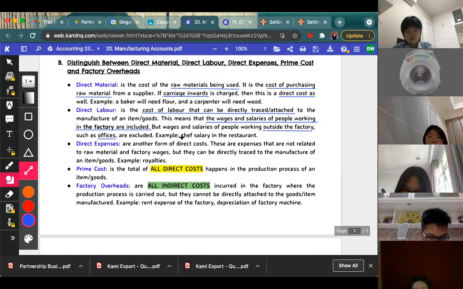For example, if you are running a restaurant, the chef salary is the direct labor, because without the chef, you cannot produce the food. So this is labor that is essential to the production.